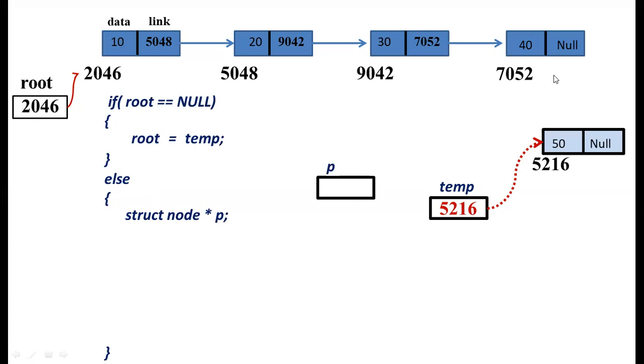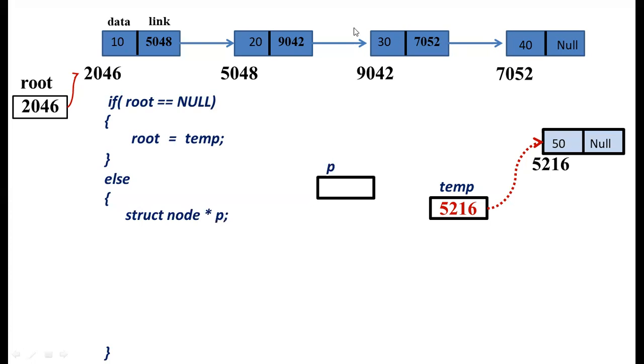Now p gets some allocation at some location, and it is also a pointer type. When I say it is a pointer type, the meaning is the value will be an address. So initially into p, we need to store the root value.